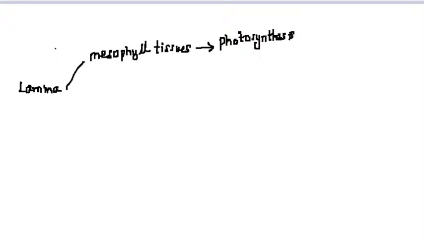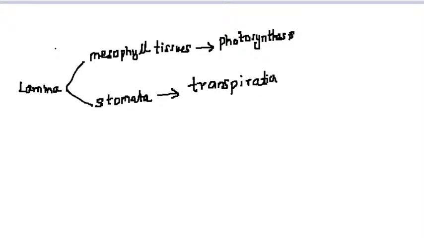And the leaf lamina has stomata, which help in transpiration. So these are the two functions of the lamina.